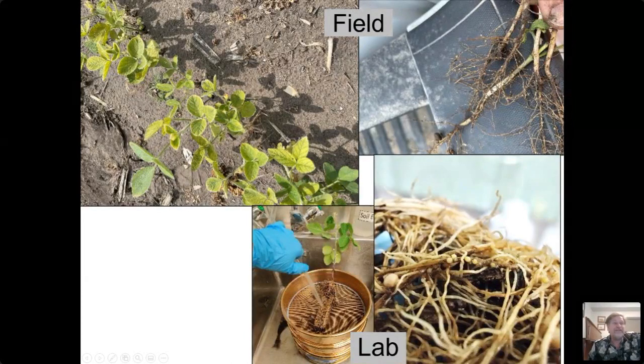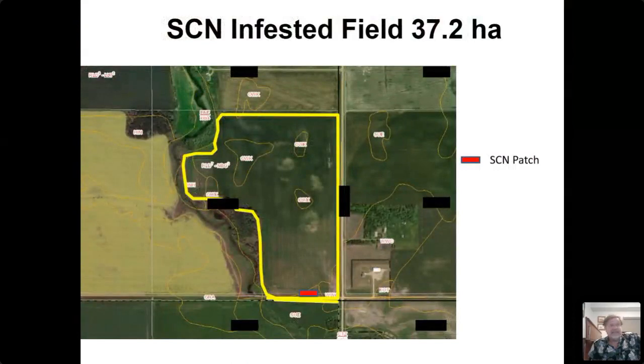So we're pretty confident, and we did the molecular analysis with our PCR tests and also sequencing to confirm that it is definitely 100% a soybean cyst nematode in quite high levels, actually. So we're talking over 2,000 eggs per 100 cc's or milliliters of soil. So pretty decent amount. I was quite shocked.